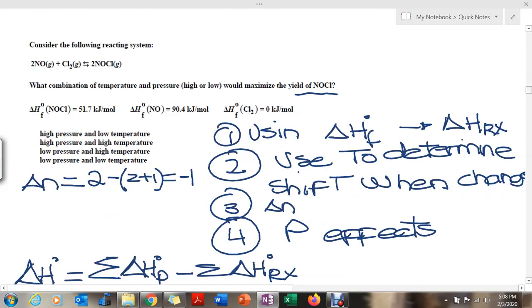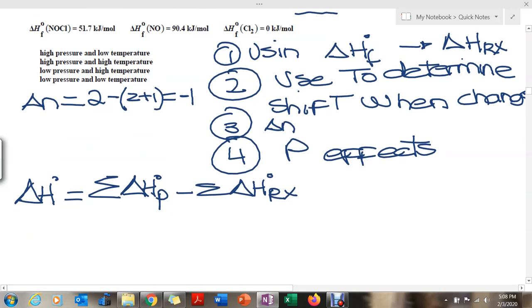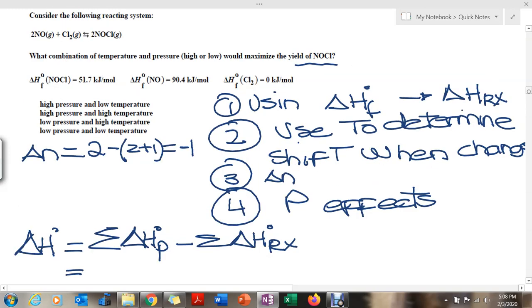Okay, so now let's look at each one and make the calculation. You have here the enthalpy of formation of NOCl, of NO, and Cl2. And don't forget to multiply by the number of moles, because at the end it's the enthalpy per mole of reaction. So the NOCl is the product, and you get 2 moles of that.